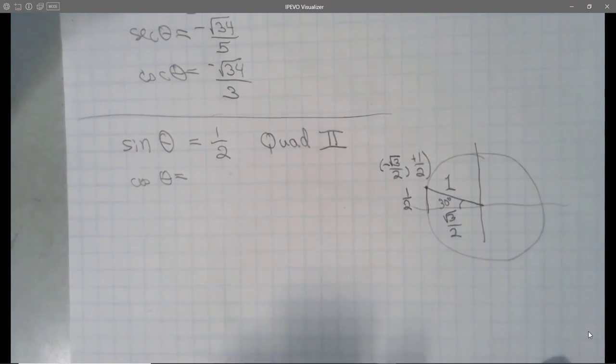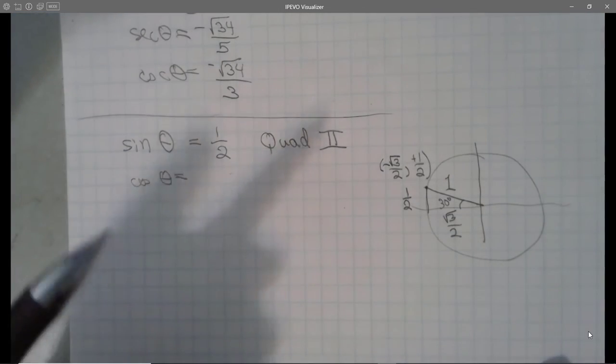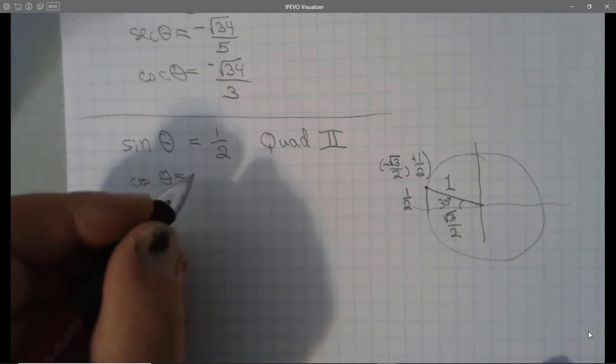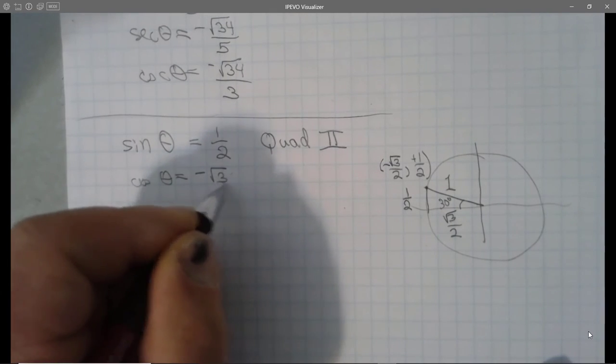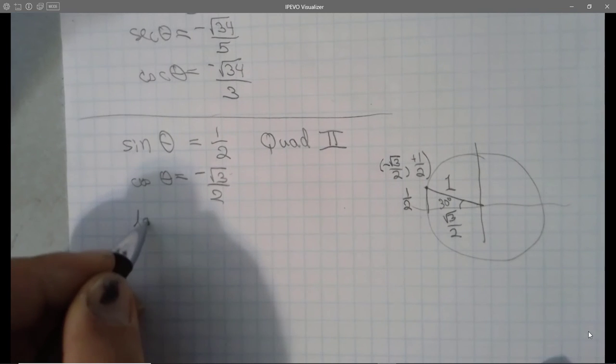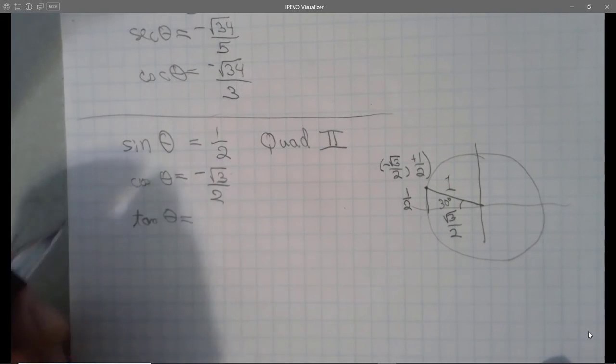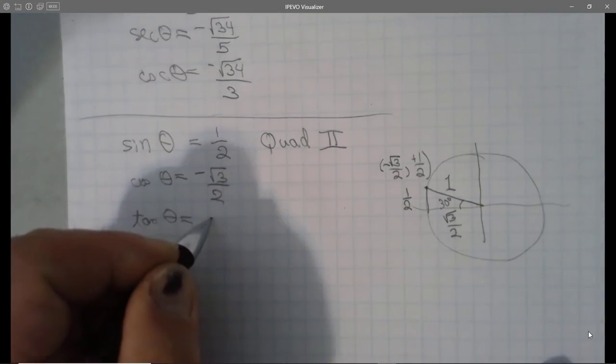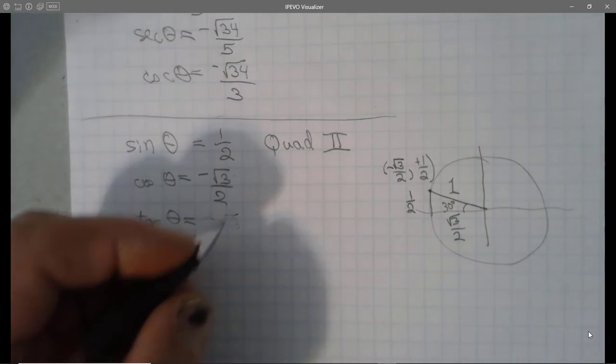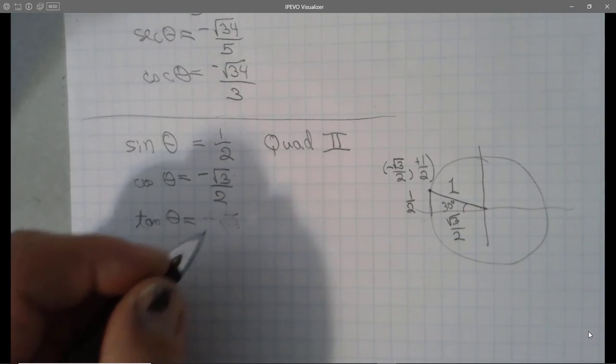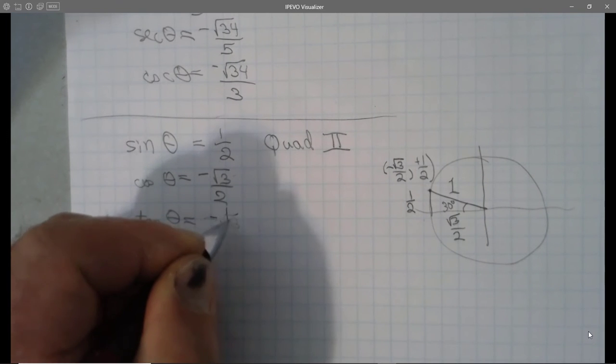So we'll keep track of the plus or minusness of all of these ratios. The cosine is minus root 3 over 2. The tangent, that's going to be sine over cosine, minus 1 over root 3.